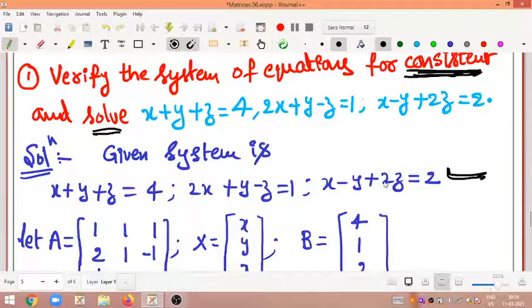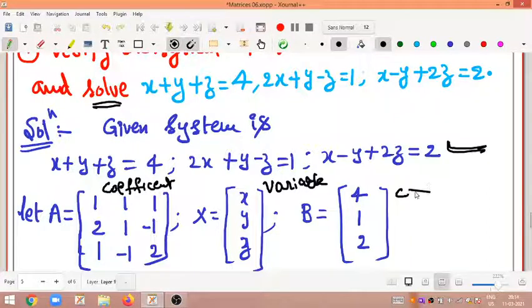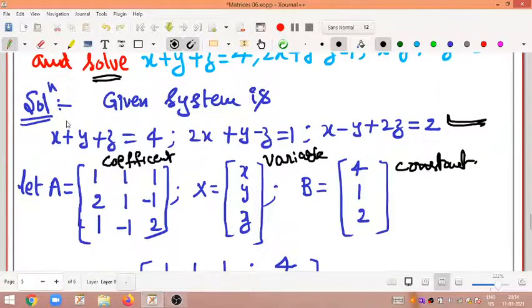Using this given system, we have to write the coefficient matrix, variable matrix and constant matrix. This is the coefficient matrix, this is the variable matrix, and this is the constant matrix. Here, in the first equation the x coefficient is 1, y coefficient is 1, z coefficient is 1.